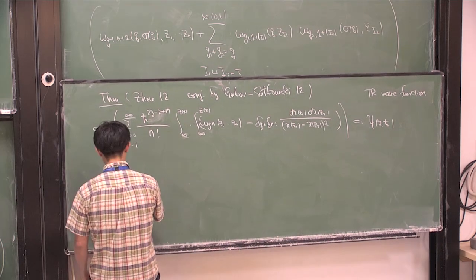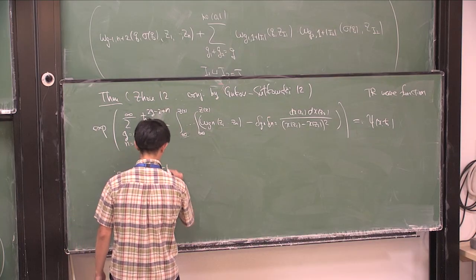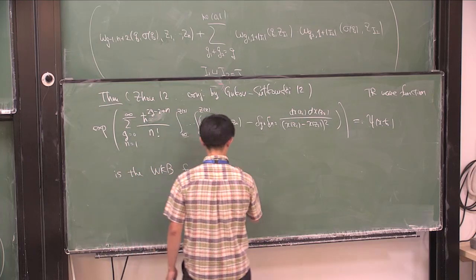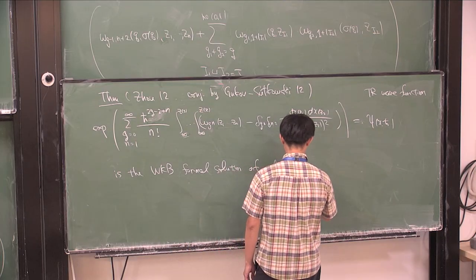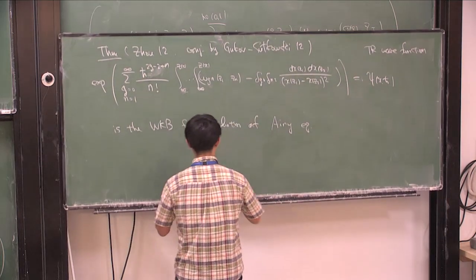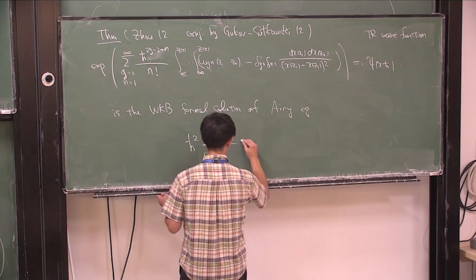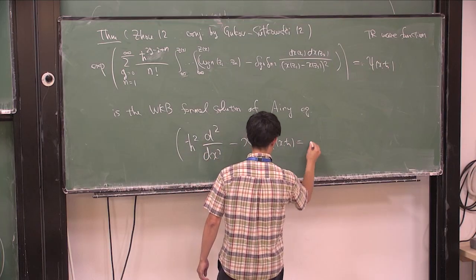The claim is that this is the so-called Wentzel-Kramers-Brillouin (WKB) formal solution of the Airy equation, with a small parameter H bar. This H bar is the one appearing in the above generating series.